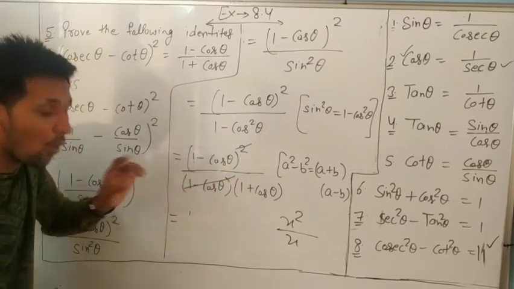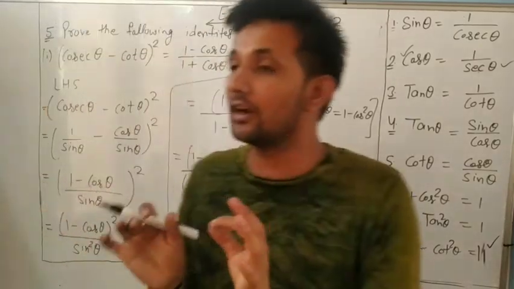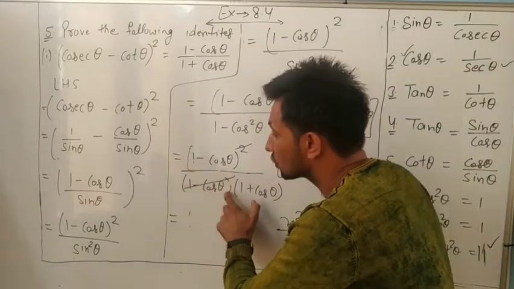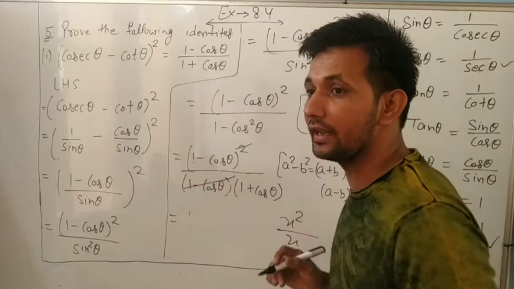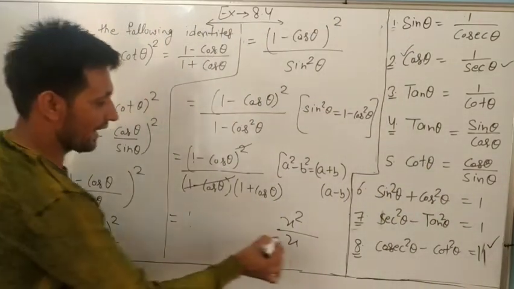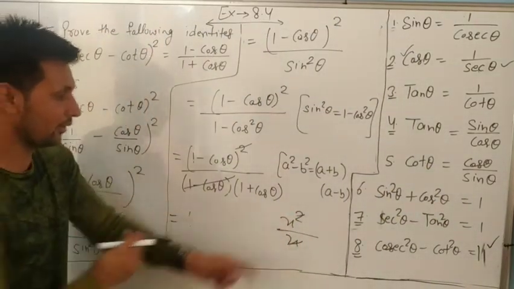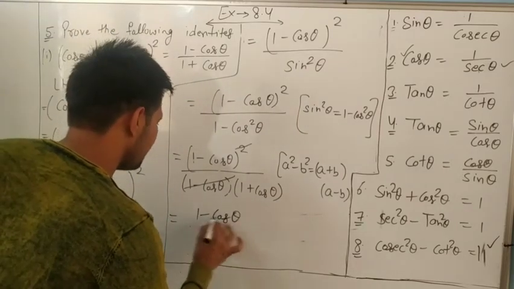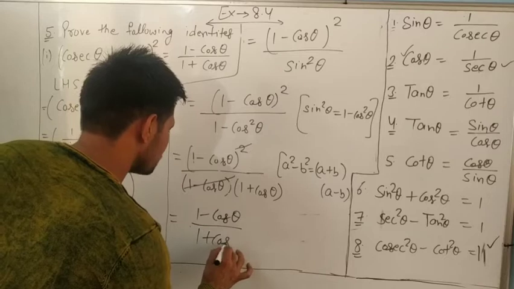No, because always we cut only the same terms. Both factors are equal. So like this, x cancels, so what remains? Only x. So it is 1 minus cos theta divided by 1 plus cos theta.